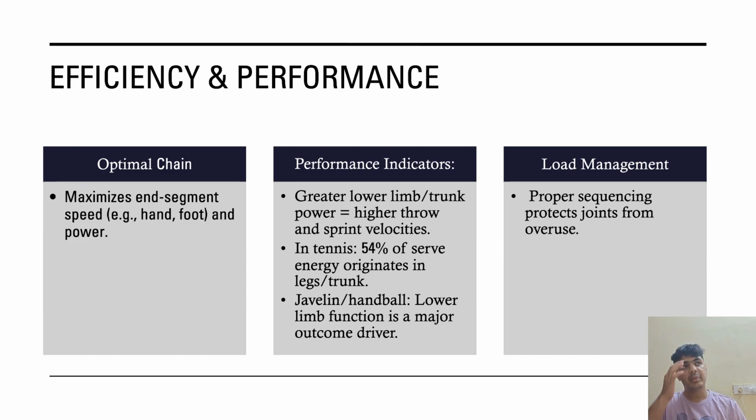For example, if you have a pelvic misalignment or a core muscle problem, or the core is not activated much, there is a missing link in how the force produced from the lower limb is transmitted to the upper limb. At that time, the upper body will have to take a lot of load, which does not give a good result. So this optimal chain is lost.